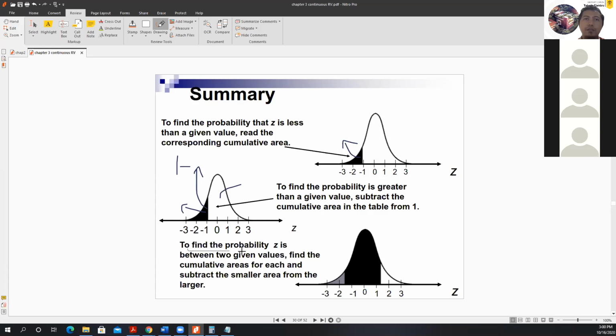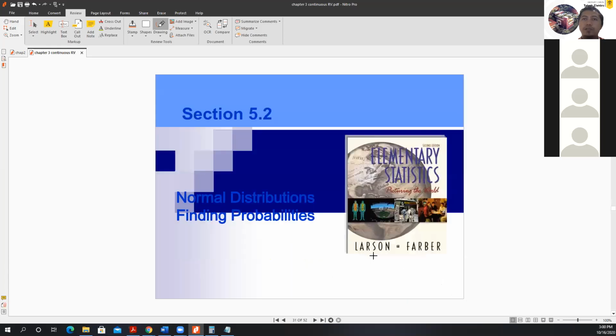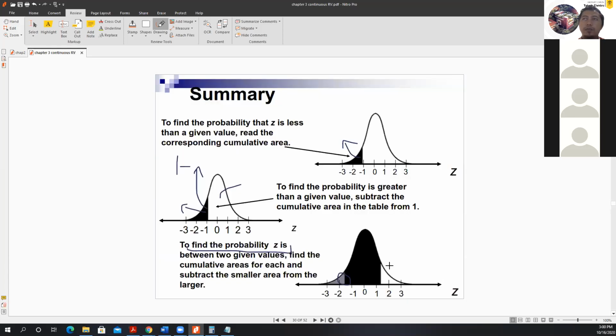If you find the probability z is between 2 given values, there are many applications where we can compute directly, but if you base it on the table, you find this one and then subtract this one to get the black area.